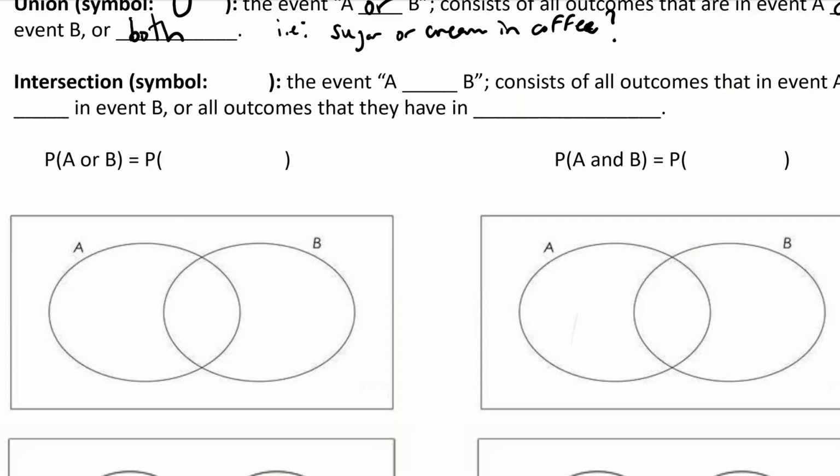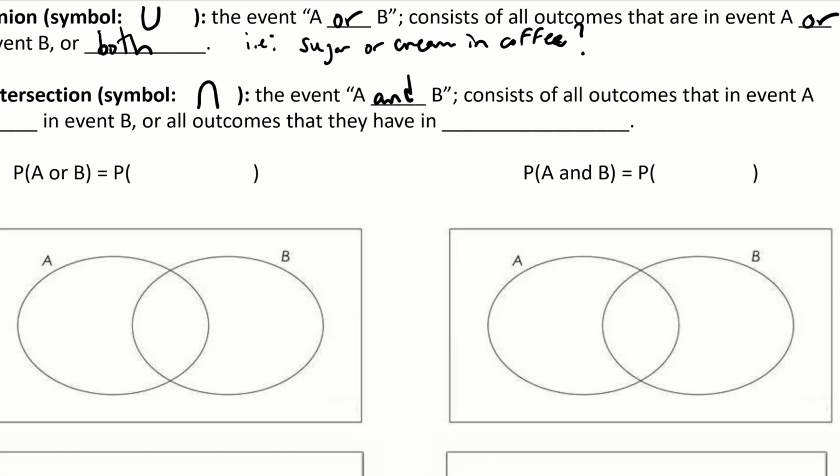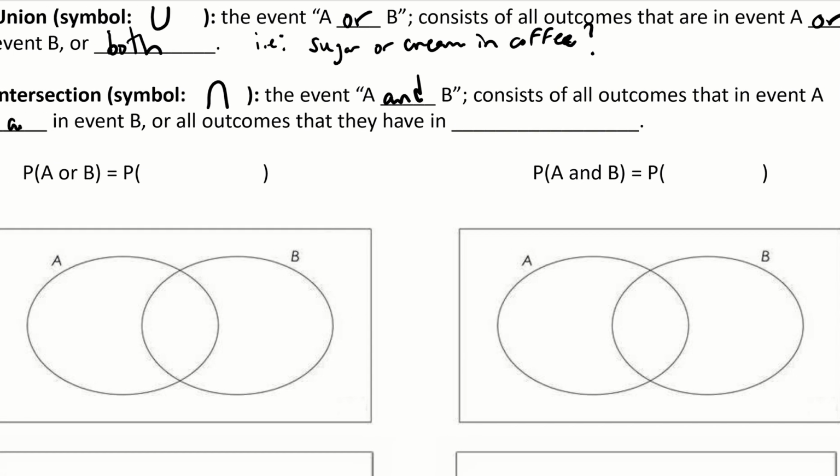Intersection. So the symbol is the upside down version, right? Right here, it's easy to remember that way. And this refers to the event A and B. So that means that it's all the outcomes that are in both, right? So it has to be in both. So an event A and an event B, or all outcomes that they have in common.